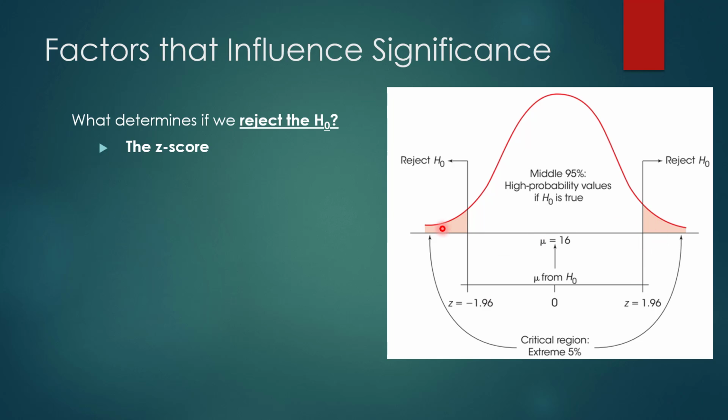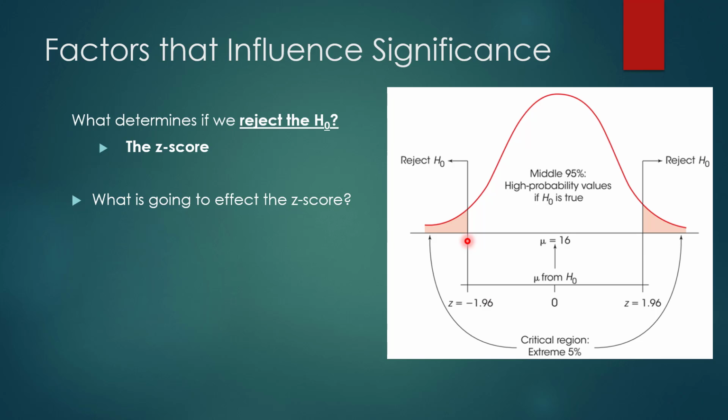And then we have our calculated z-score, and we're looking to see if it falls in these critical regions or here in the middle. We're going to reject the null hypothesis if it falls into these critical regions beyond these boundaries set by our alpha level.